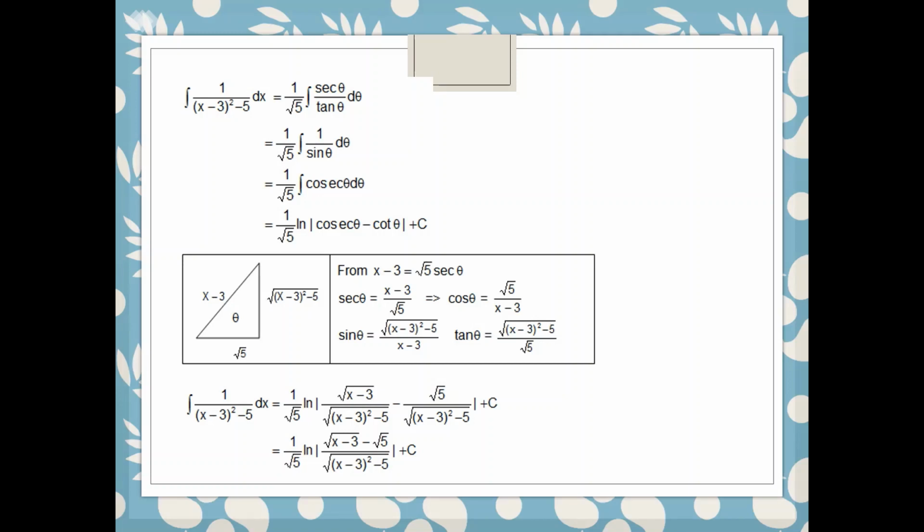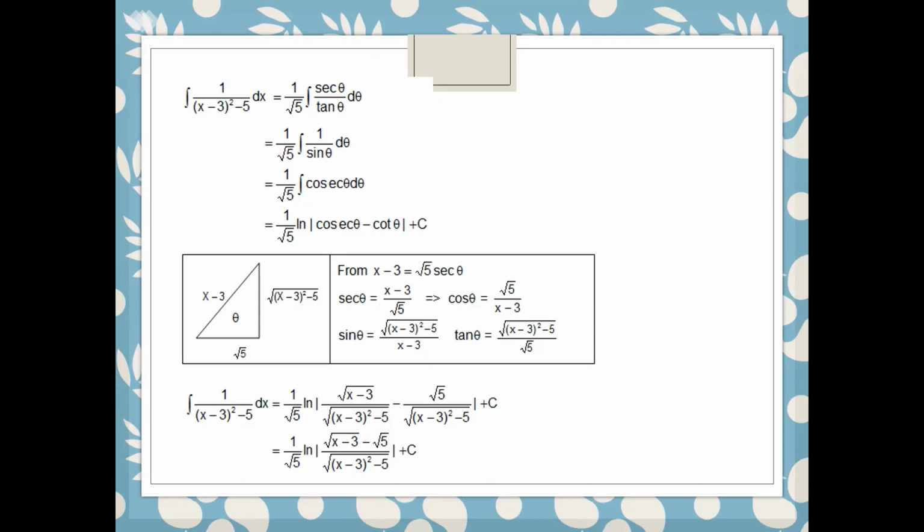By representing this in the right angle triangle, adjacent is square root 5, hypotenuse is x minus 3, and opposite is square root of (x minus 3) squared minus 5.